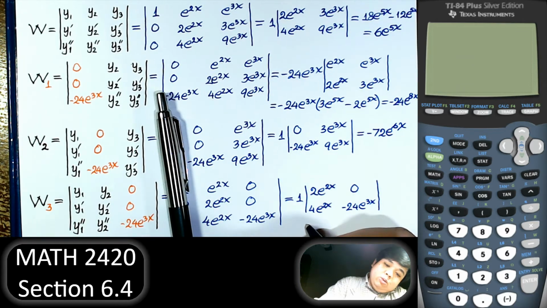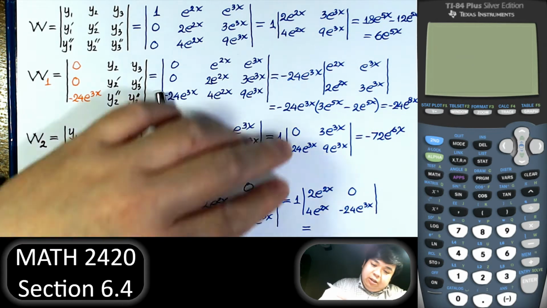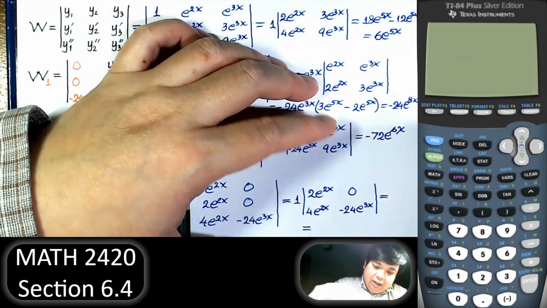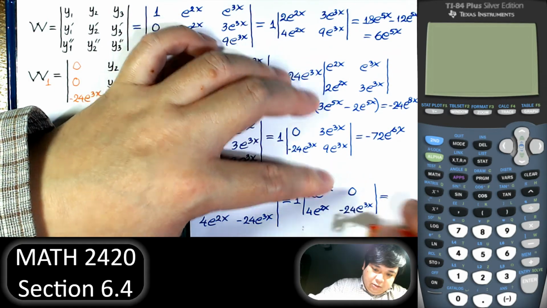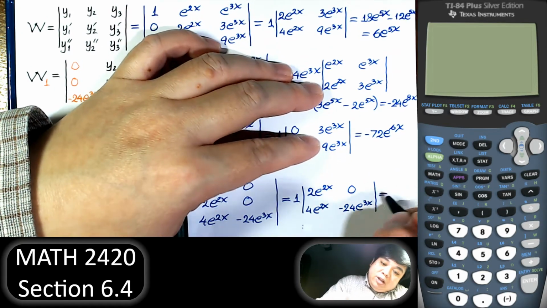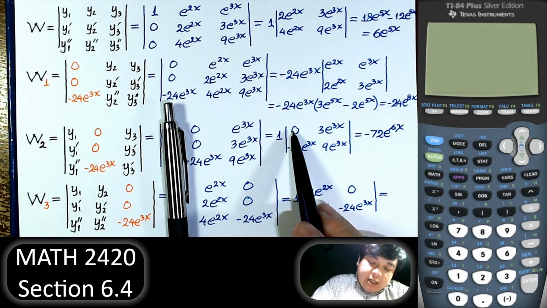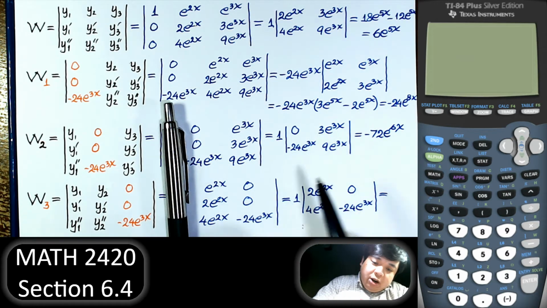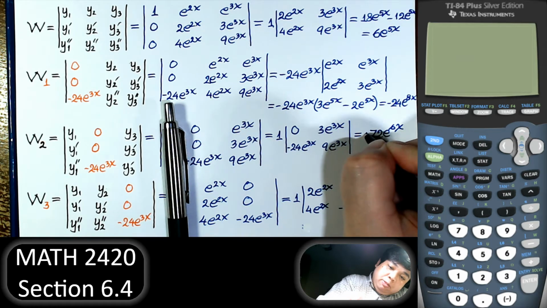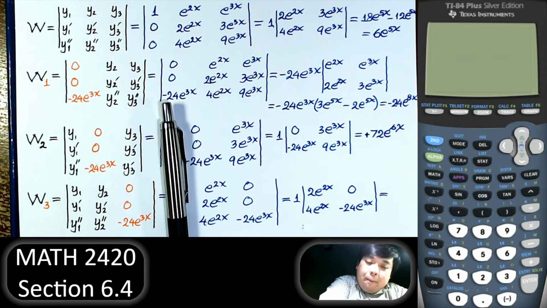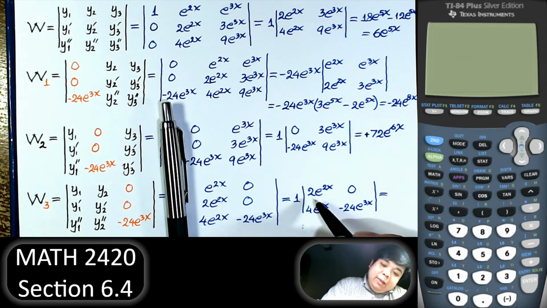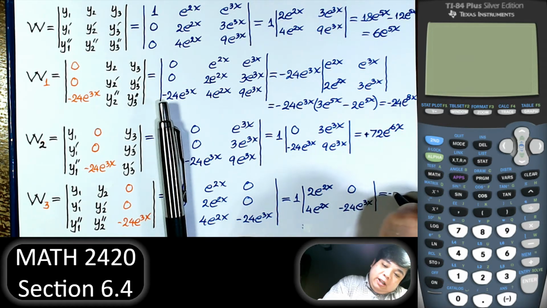And multiply this, that's easy, 2 times negative 24 is, by the way, this is positive, this direction is negative, so that should be 72, right? Now this will be negative 24e^(3x) times e^(2x), that is e^(5x).